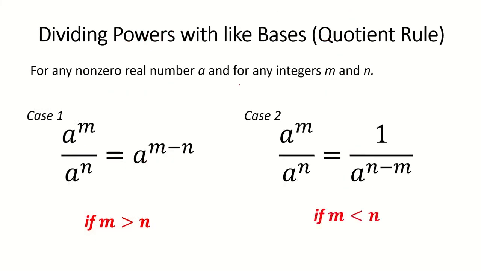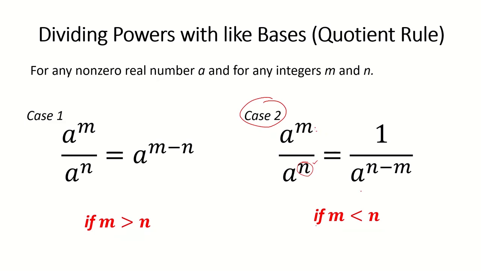This will lead us to a conclusion that case 2 is simply a to the power of m divided by a to the power of n is equal to 1 over a to the power of n minus m, because it is expected that n is greater than m.